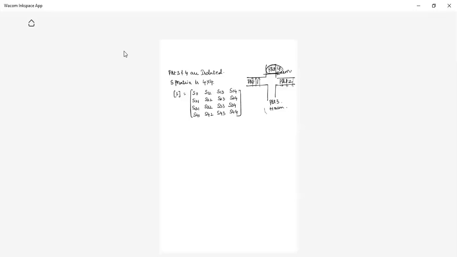Similarly, if I give the input at port 3, it is divided equally in port 1 and port 2, but with the same magnitude and phase. That's the basic operation of E-plane T and H-plane T. If you know that, nothing is difficult in magic T.